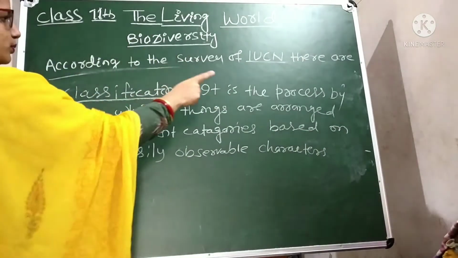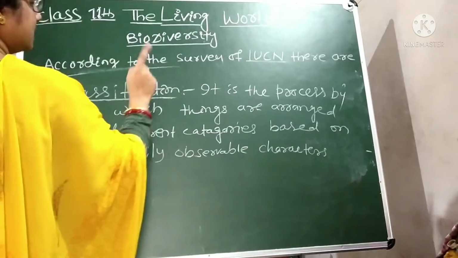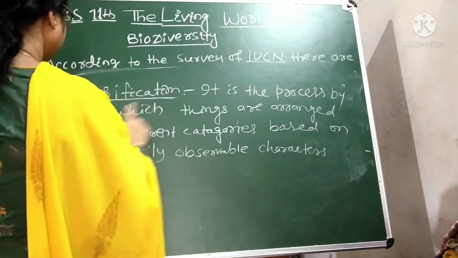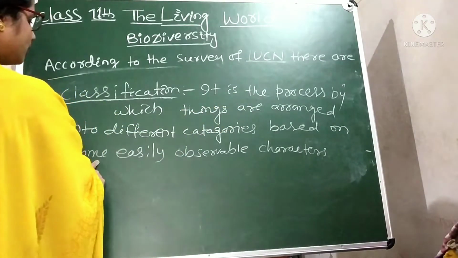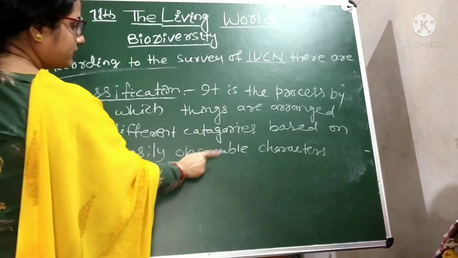Classification is the process by which things are arranged into different categories based on some easily observable characters.